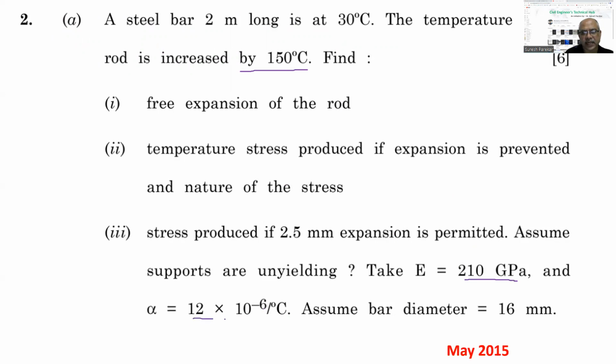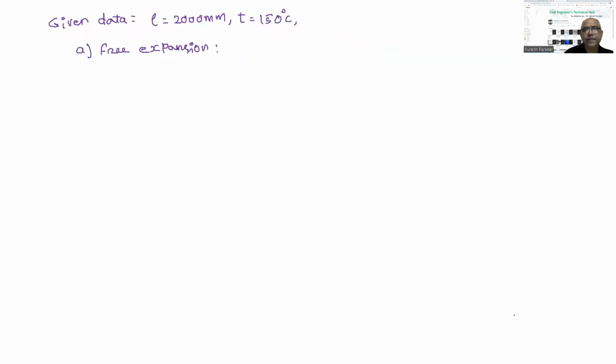Alpha is given 12 into 10 raised to minus 6 per degree centigrade. Then E is 210 into 10 raised to 3 MPa. And D is given 16 millimeters.